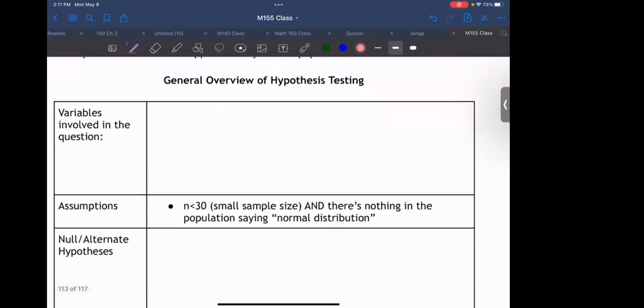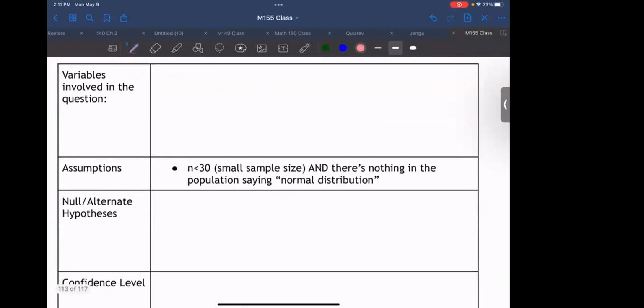Okay, so the variables that we're going to see in this question. First thing we're going to look at is M, which is the population median. We're also going to be given a sample of size n.